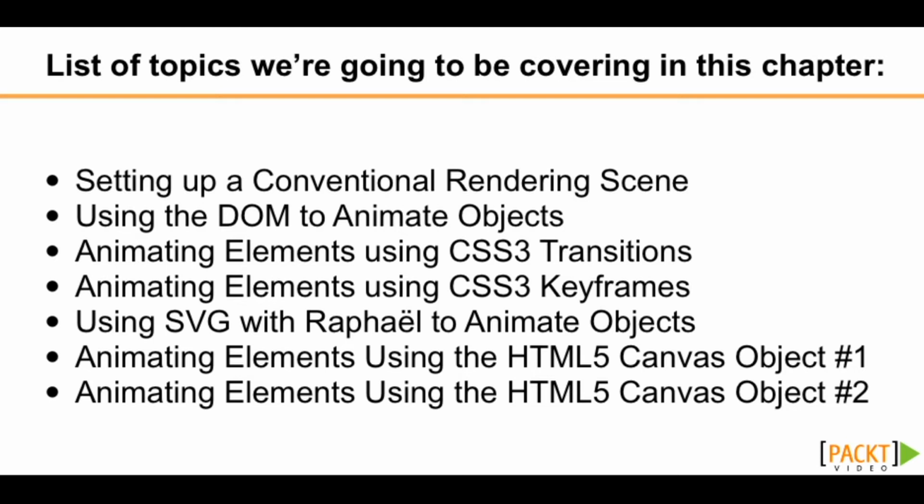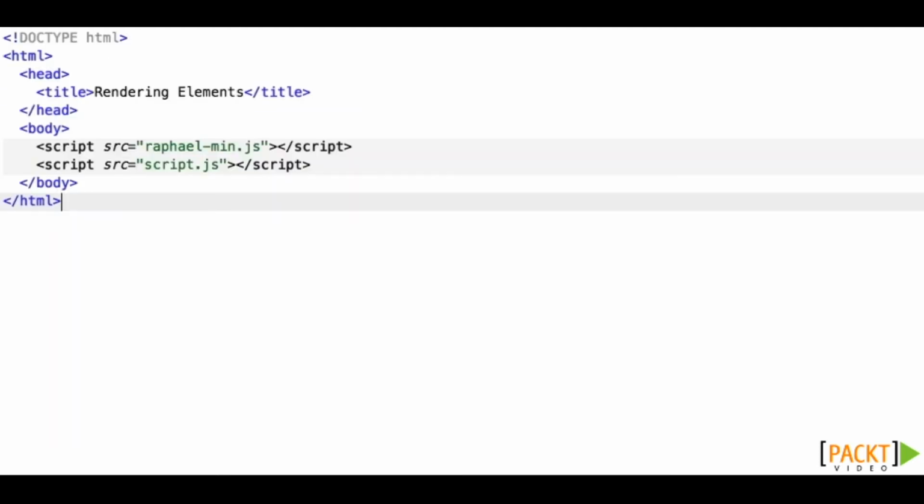We're going to be using SVG with Raphaël to animate objects. And then we're going to be learning how to do the same using the HTML5 canvas object. Actually very, very nice.